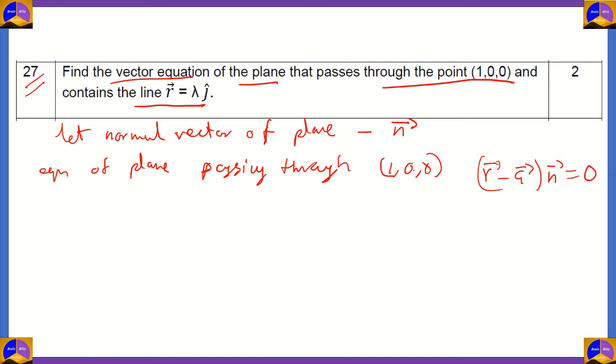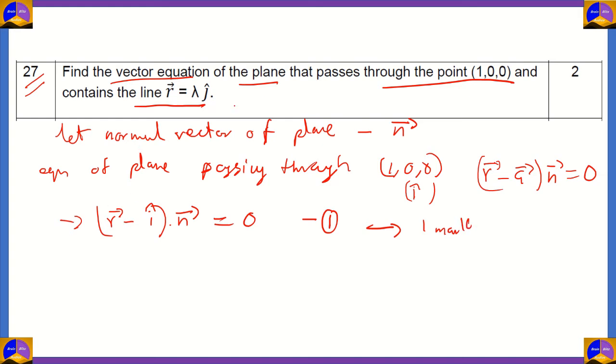Now, (1, 0, 0) has only one component along the x-axis, so this is just i cap. So the equation of the plane will be (r bar minus i cap) dot n bar equals 0. This is our equation 1, and this step will also fetch you 1 mark.